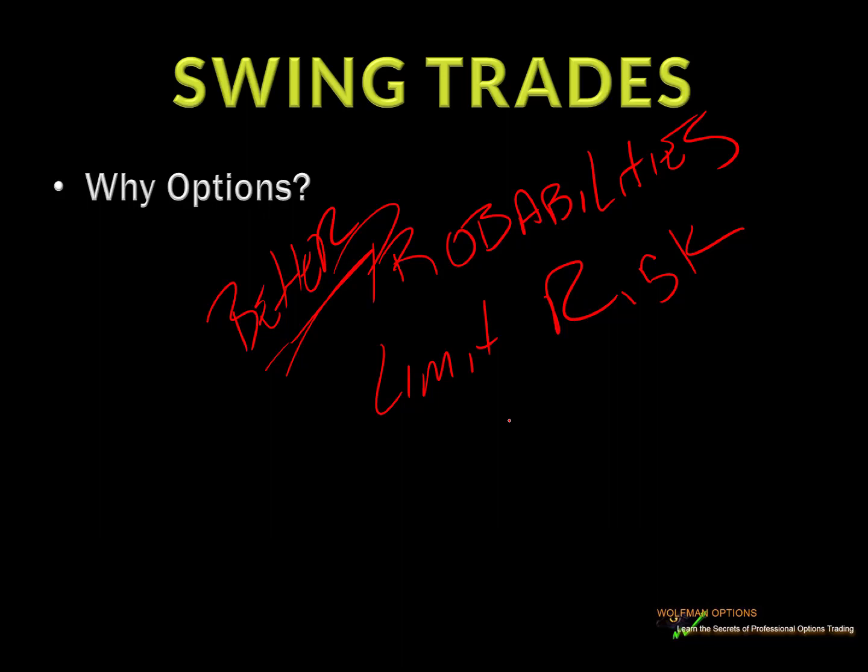A stop is going to get executed at the market, and if you have a stop limit, it might never get executed, okay? So with the options, we don't have to worry about it. If it gaps up or down, we've already embedded that limited risk scenario into our trade, which is the beauty in it. So you can have limited risk.